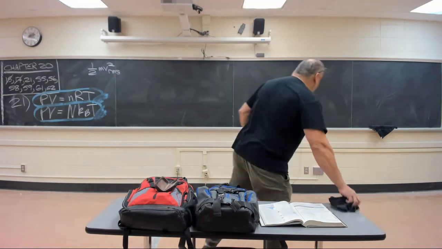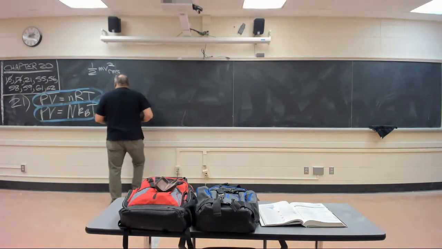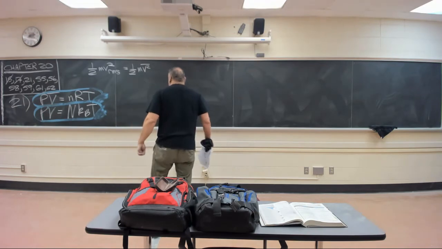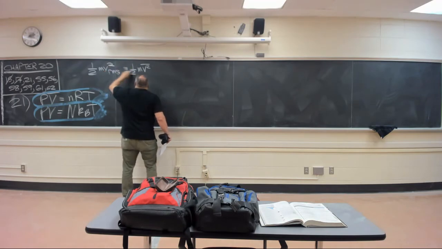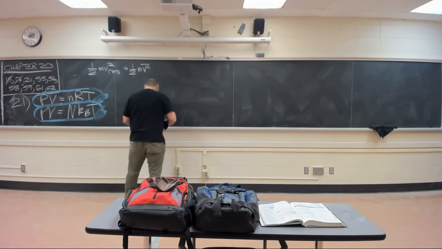I don't want to confuse you more than I'm going to help you, but this is fine. When you say something like that, it's identical to saying this. The average of the squares. If you get the average of the squares, that's the RMS speed. The VRMS squared is the average of the squares. So one or the other is fine on that.